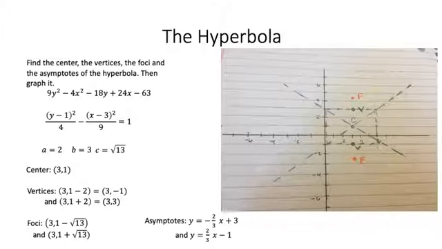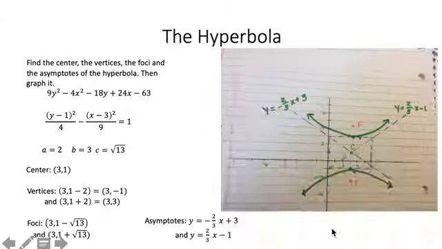The equations for those asymptotes are written here. And then I'm going to draw my hyperbola. So my hyperbola is going to have its vertex at the vertices, and we're going to draw those two U shapes. And that's it.